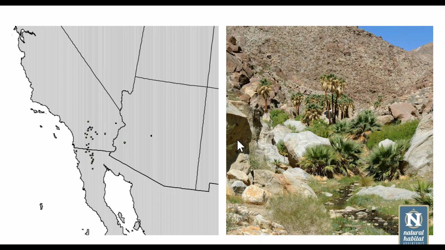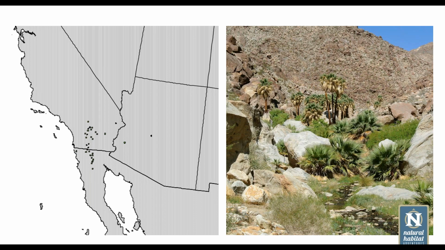So they're not found in a great big swath across California and Baja California. The primary populations are in those desert wet habitats, so spring-fed and stream-fed oases in the deserts, both in the Colorado deserts, the Sonoran Desert, the Gila Desert, and a number of other isolated locations.